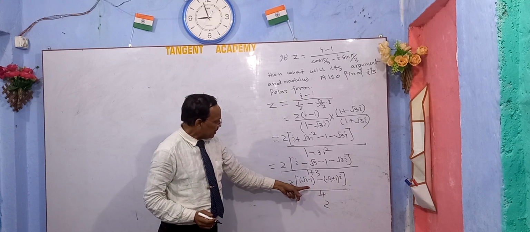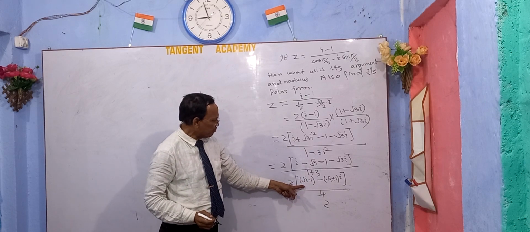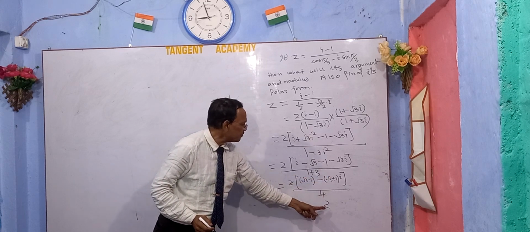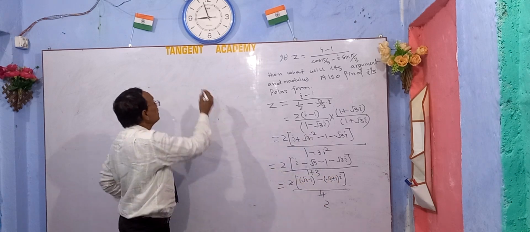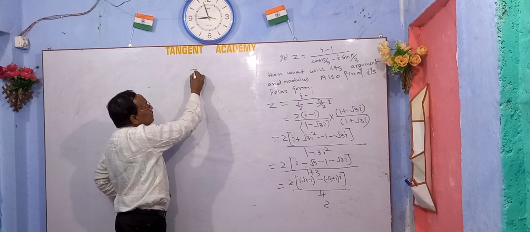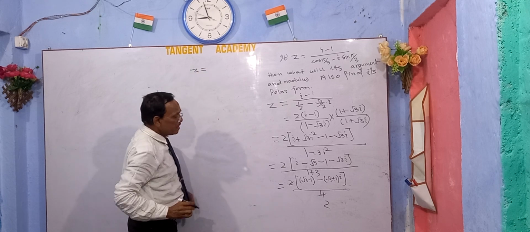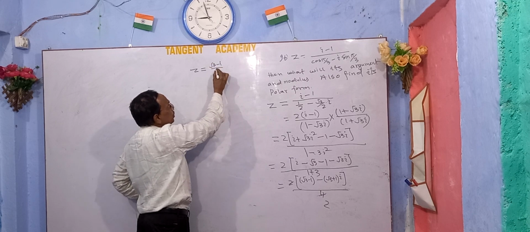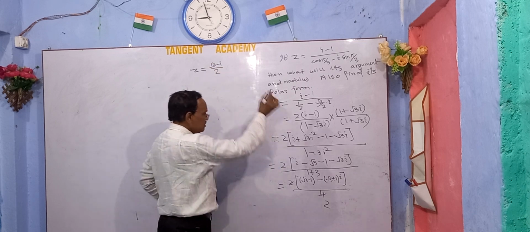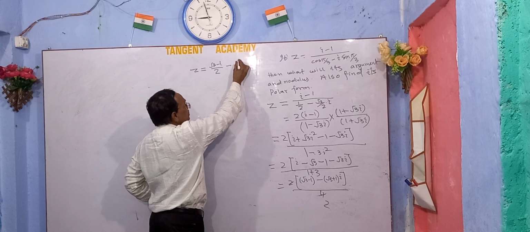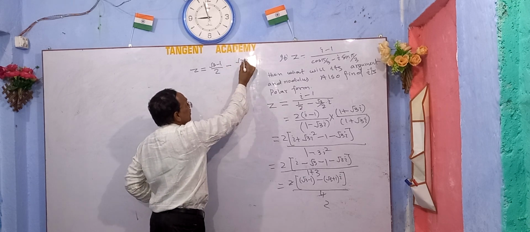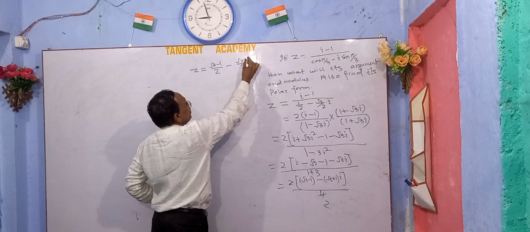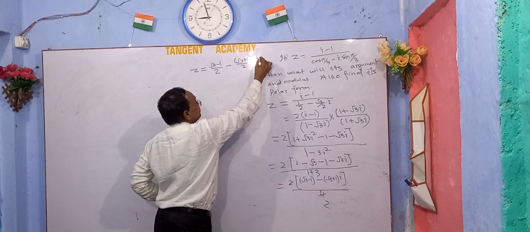Now we will convert it into standard form. z will be in the form (root 3 minus 1) divided by 2 minus (root 3 plus 1) by 2 times i.